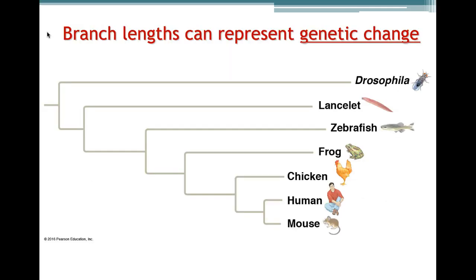So I might have mentioned this on the last slide. I did or I didn't, I'm not sure. Branch lengths indicate genetic change from that branch point, from where there's a divergence, a shared common ancestor, but now the organisms are becoming different essentially.